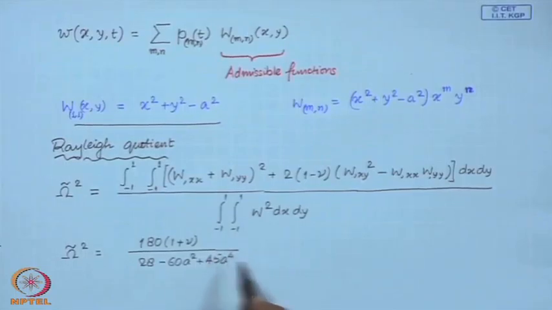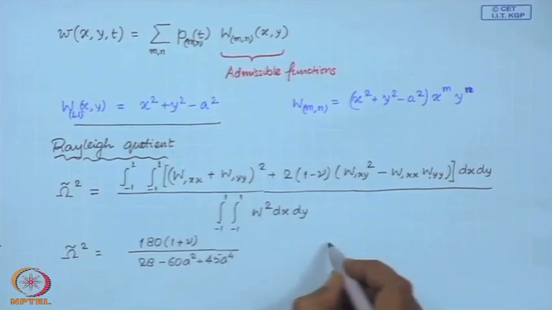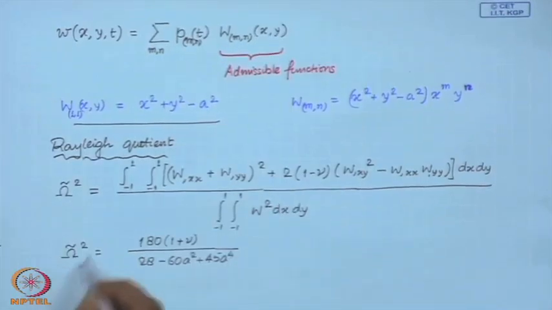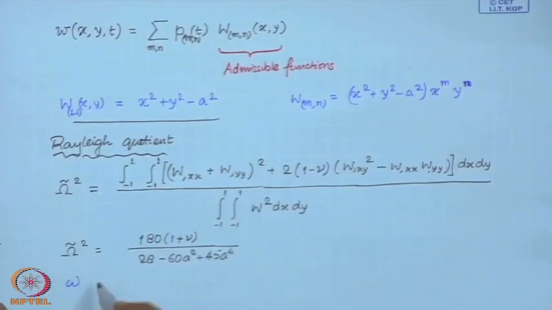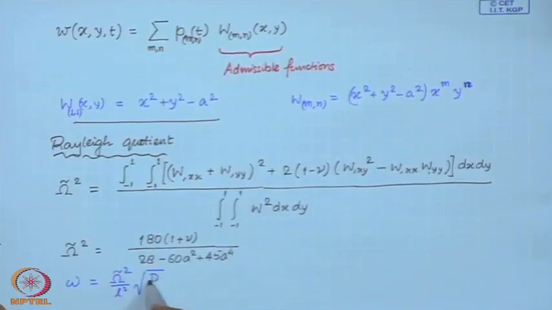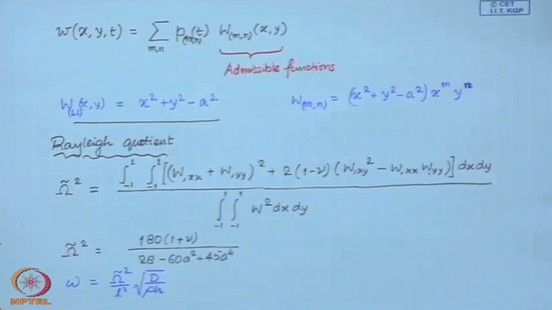I have not assumed any particular value of A. Now, we may then think of, for example, improving the support. By improving the support, I mean increasing the natural frequency of the plate. So, here of course, this is the non-dimensional frequency. The dimensional frequency will be obtained using this expression.